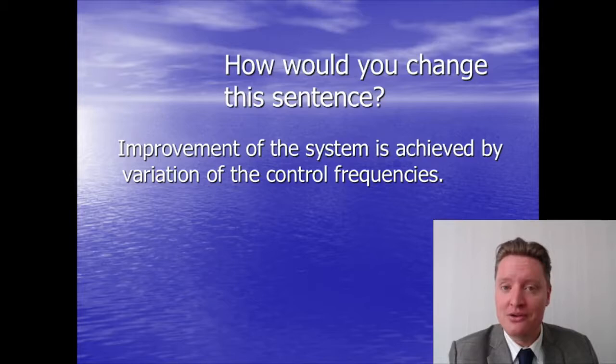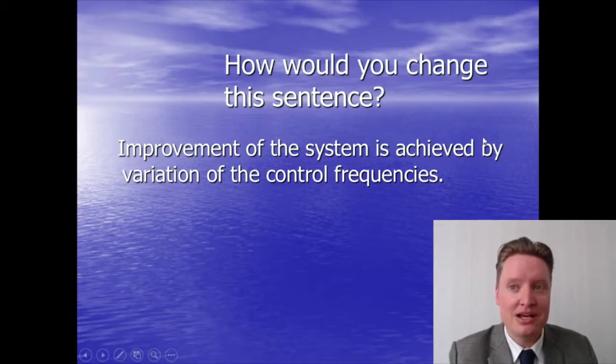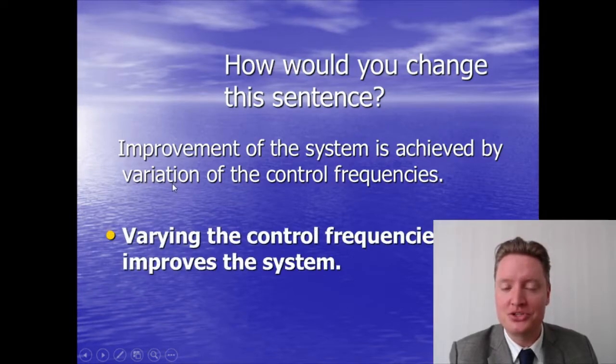I see another noun, variation, and I know I can make that into a verb, varying. I can also see that right now this is a passive sentence. I see the word by here, and I know my real subject in a passive sentence follows by. So I should begin my sentence with my subject and change my nouns into verbs, and what happens? Varying the control frequencies improves the system.